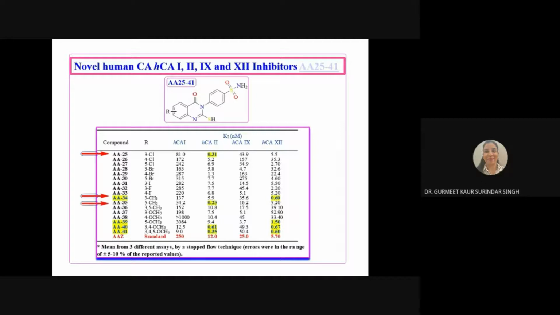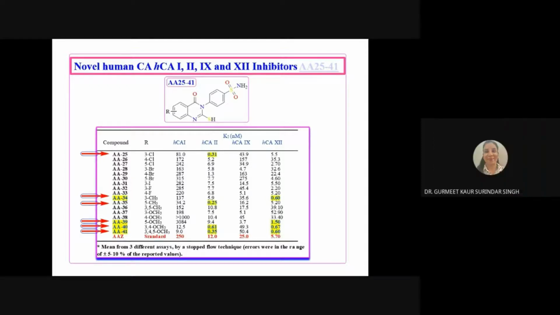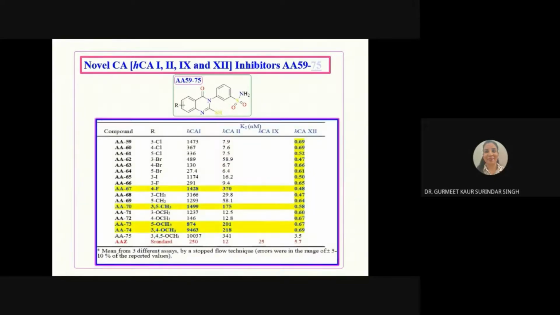Although there are some examples which show high activity at low concentrations, they were not good enough for us to proceed for further studies. But this one is the crown of all of these compounds, which is a meta-sulfonamide linked to the quinazoline with the SH group. We will see the interesting thing here.